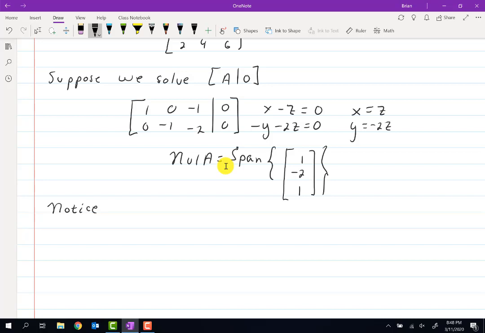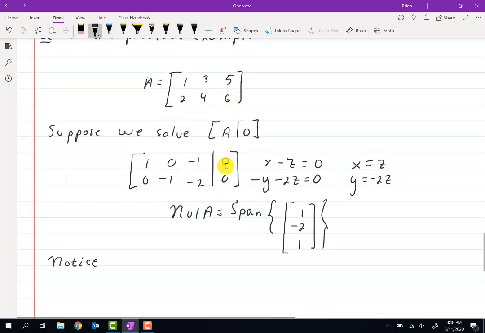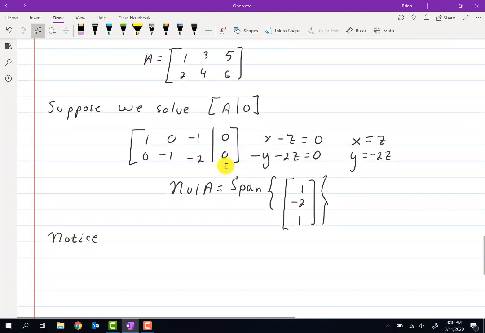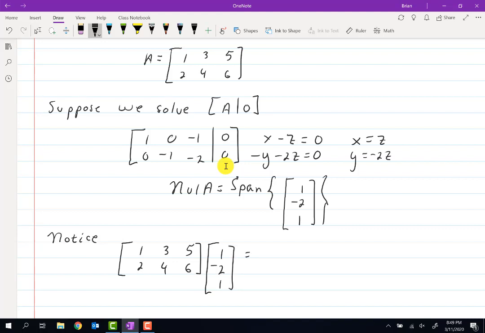Let's go back to the original matrix. We know this: 1, 2, 3, 4, 5, 6 times any vector from the null space will zero this thing out. Let me see. We have 2 by 3, 3 by 1, so we have a 2 by 1.